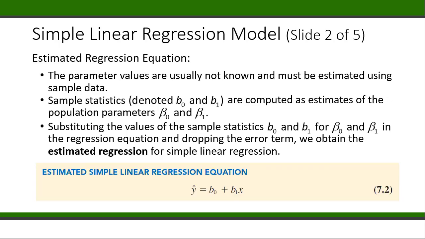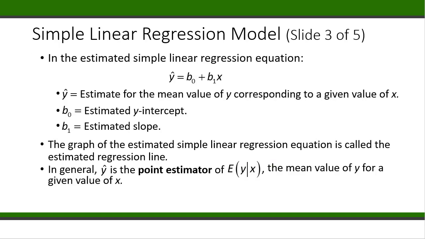Some more terminology and how you talk about things. With this simple linear regression model, y hat is equal to b0 plus b1 times x. y hat is the estimate for the mean value of y that corresponds to a certain x. b0 is the estimated y-intercept, where the line crosses the y-axis.